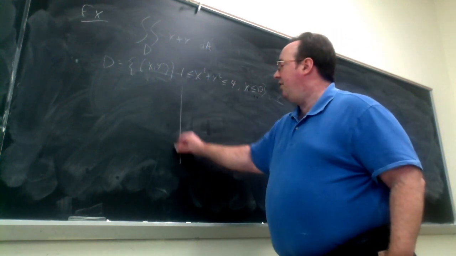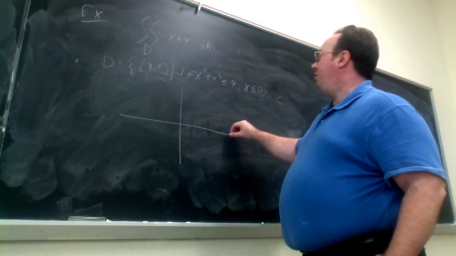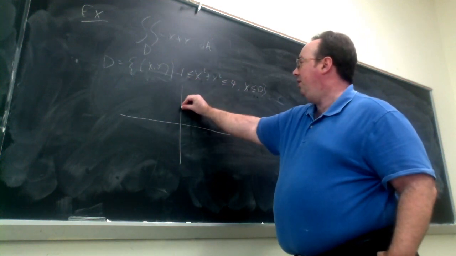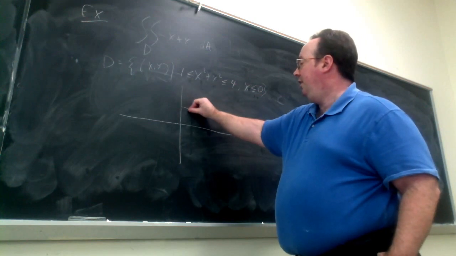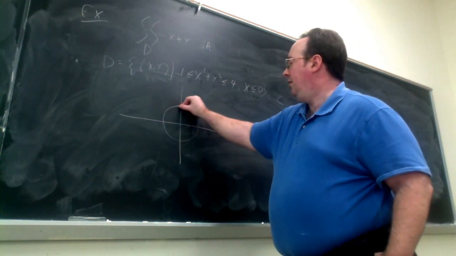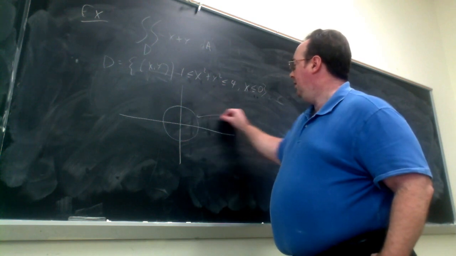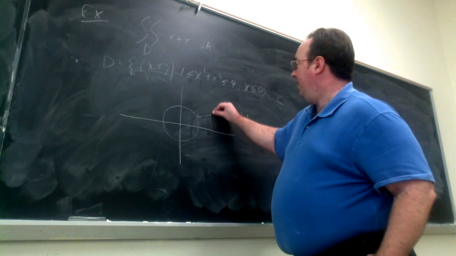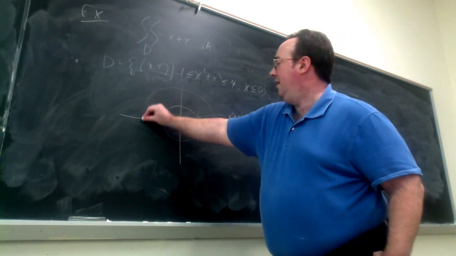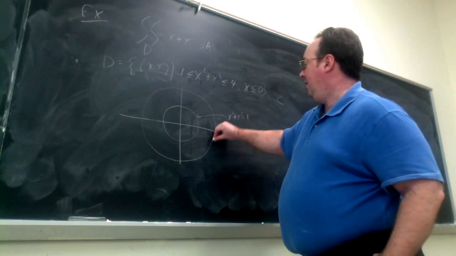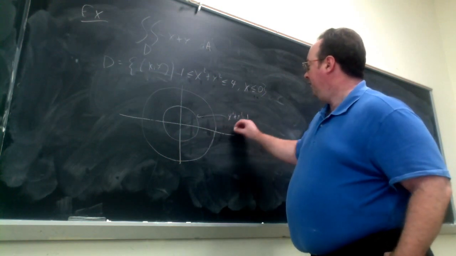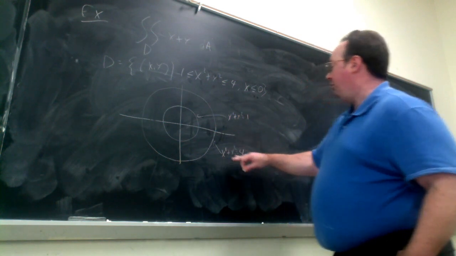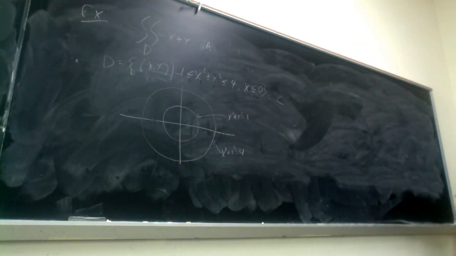So if we visualize what this region is, the boundaries of this region are x squared plus y squared is equal to 1, and then x squared plus y squared is equal to 4 for the outer boundary.